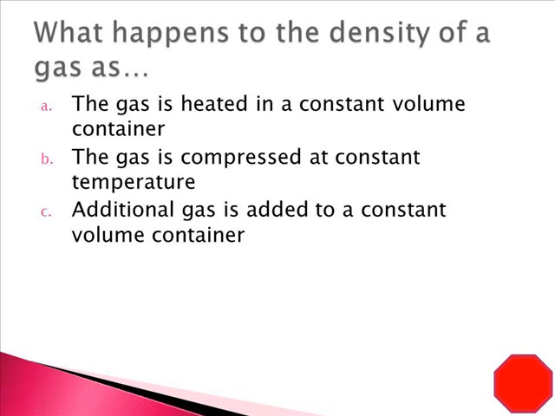So if we compress it, we're actually increasing the density. For part C, if we add more gas, we're increasing the mass. We're adding more particles, more mass in the particles. The volume hasn't changed. But if the numerator goes up, then the density overall will go up. Think about 3/4 versus 5/4. The bigger the numerator, the more mass, the bigger the density.